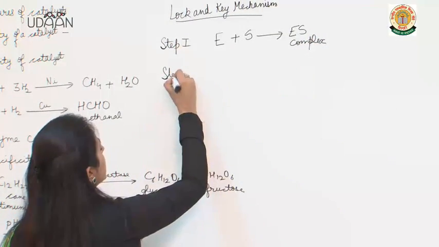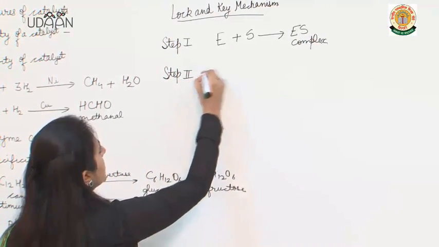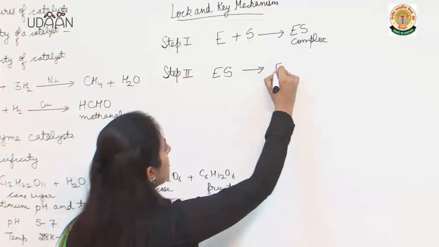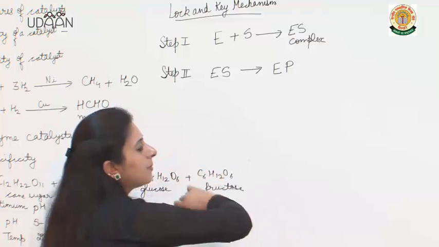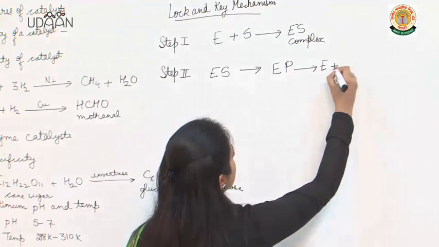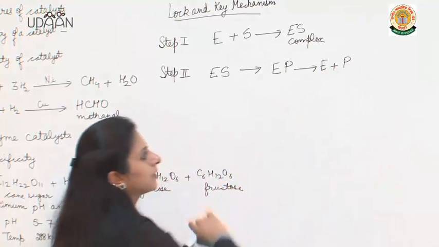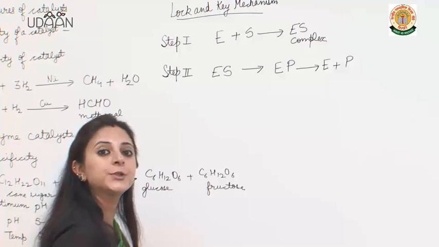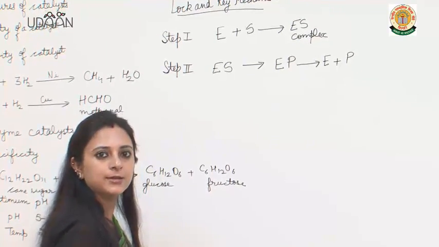And what will be step 2? Step 2 is that the enzyme substrate complex gets converted to the enzyme product complex and then it gets decomposed to form the enzyme and the product. So the enzyme is regenerated because it was used as a catalyst.